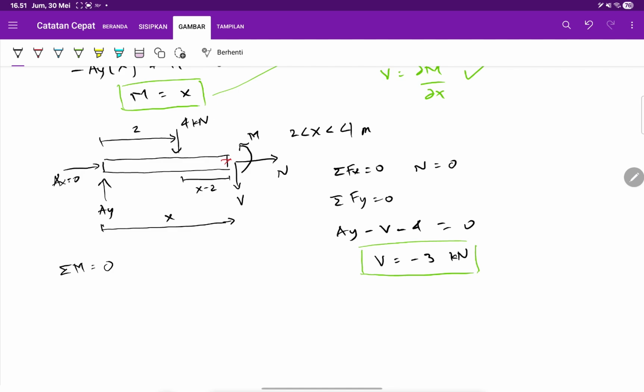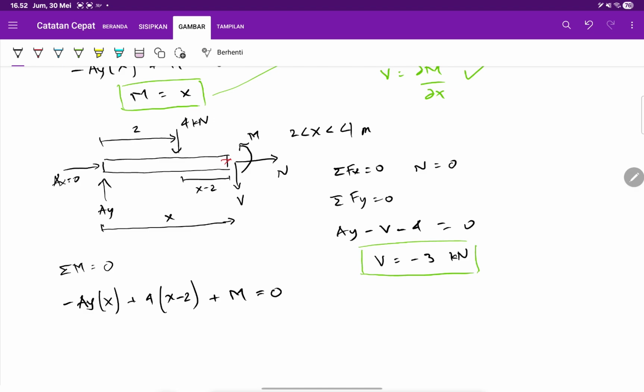Your AY will create minus AY times X, and then you have a counterclockwise moment due to the 4 kilonewtons, plus 4 times (X minus 2), because the distance is X minus 2 from that 4 kilonewton load to the sectioning location. And then plus M equals 0.